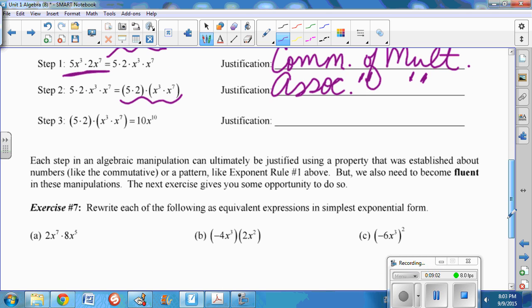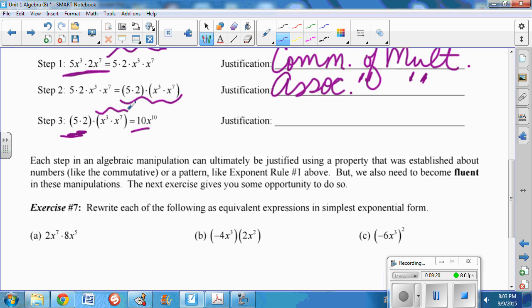And then the last step, what happened? We went from 5 times 2 to 10 on the left-hand side there. And then what did we do with that? That x cubed times x to the 7th, we got x to the 10th. That's our exponent rule.